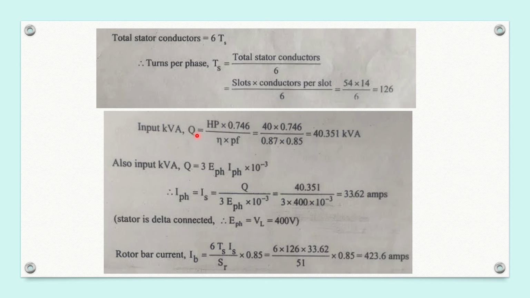So here input kVA is calculated as output kilowatt rating divided by efficiency into power factor. Okay. So 40.351 is the input kVA rating.